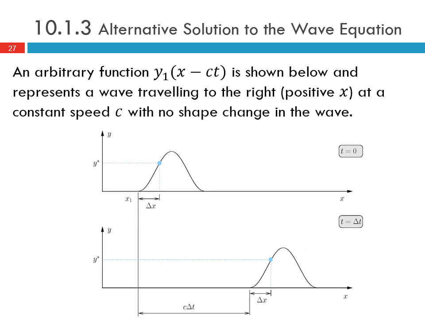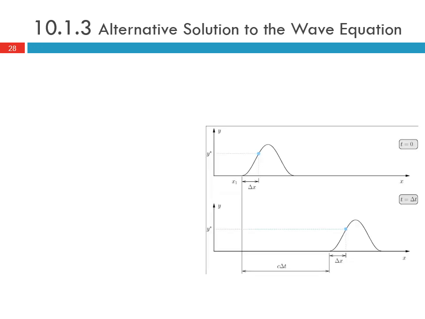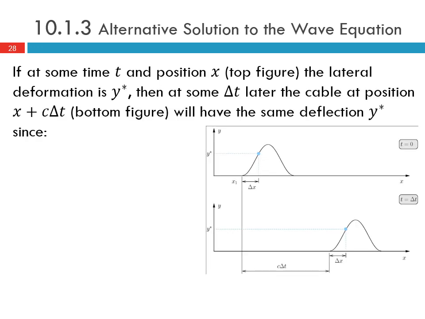So an arbitrary function, y1 as a function of x minus ct, is shown below and represents a wave traveling to the right, so in the positive x direction. And it's traveling at a constant speed c with no shape change in the wave. Again, we can see this if at some time t and position x, in the top figure here, the lateral deformation is, we say, y star.